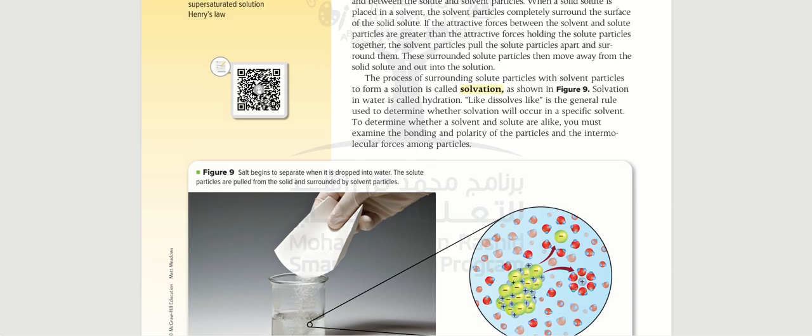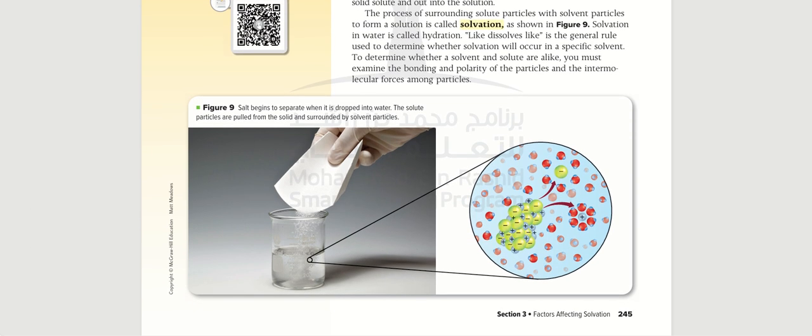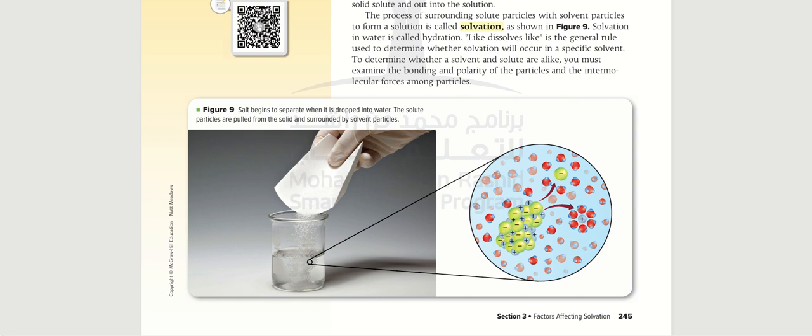Okay, solvation happens because we always say like dissolves like. That means polar solvent dissolves ionic or polar compound. Why? Because polar solvent contains positive and negative, and an ionic compound, let's say sodium chloride, will have sodium, Na positive, and chlorine, which is Cl minus.